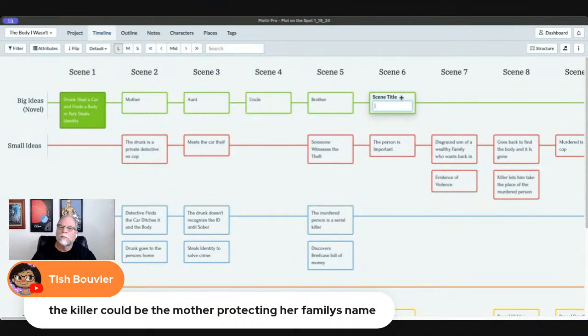Well, let's just leave it at those. So number 2 is mother, number 3 is aunt, number 4 is uncle, and number 5 is brother. Okay, so let's vote and see who is going to be the killer.